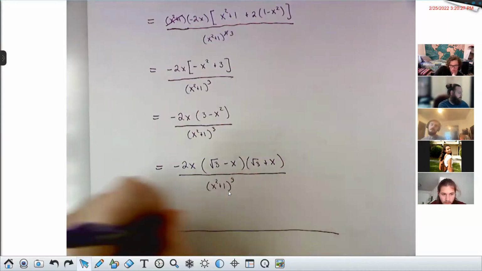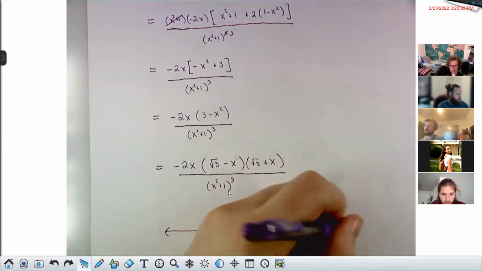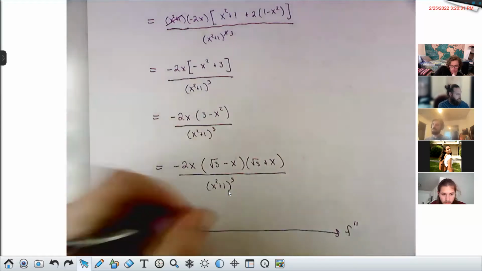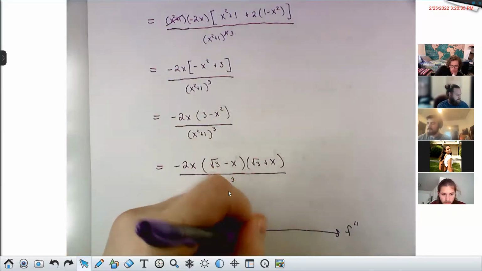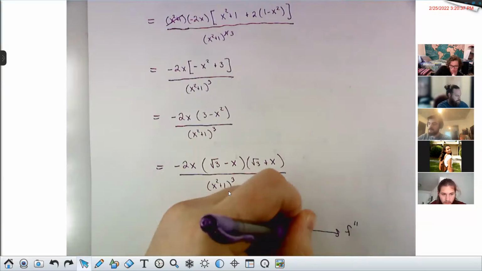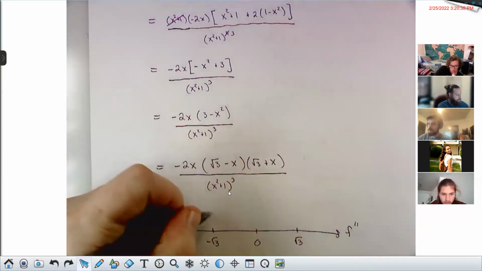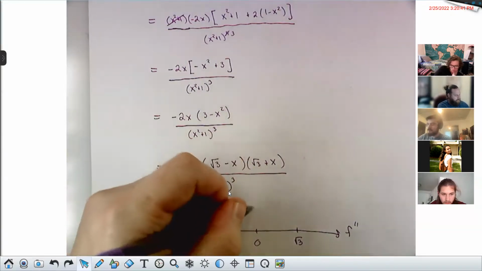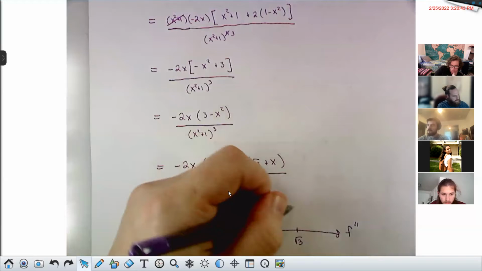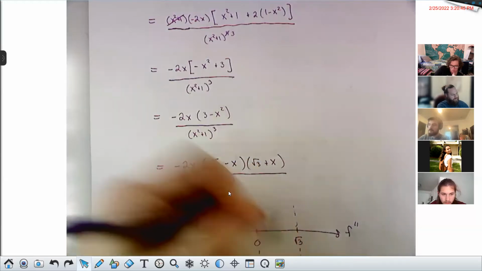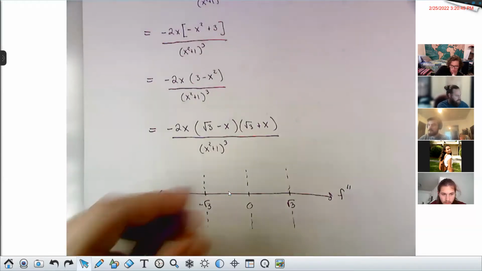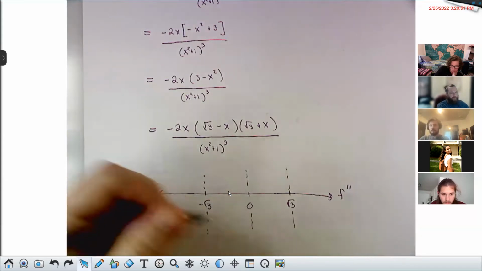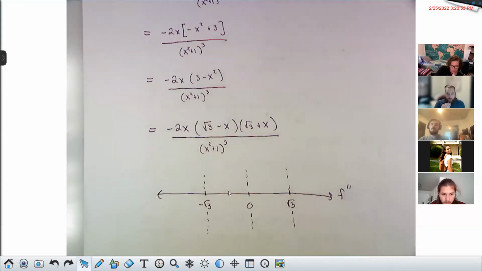So I construct my number line for f double prime: negative root 3, 0, and positive root 3. And on each of these intervals, f will either be concave up or concave down. And if f double prime changes sign at any of these numbers, those will be x values of inflection points.